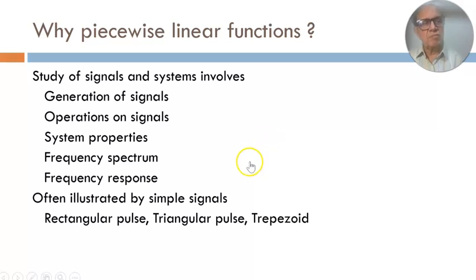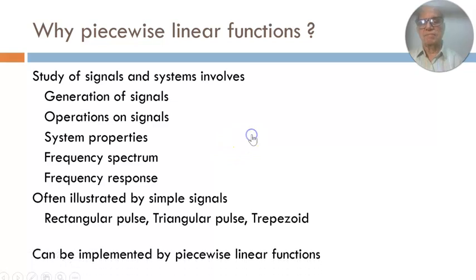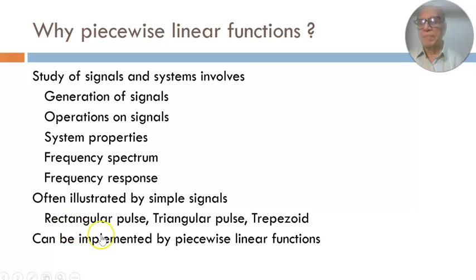And since we want to be able to make all these studies through MATLAB simulations, we would like to know how to generate these kinds of signals, which are often used in the study of signals and systems. So as I said, all these can be implemented by piecewise linear functions. That is why we study this.